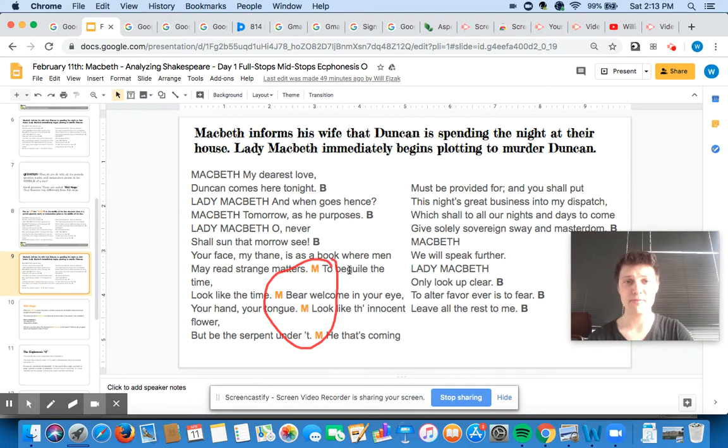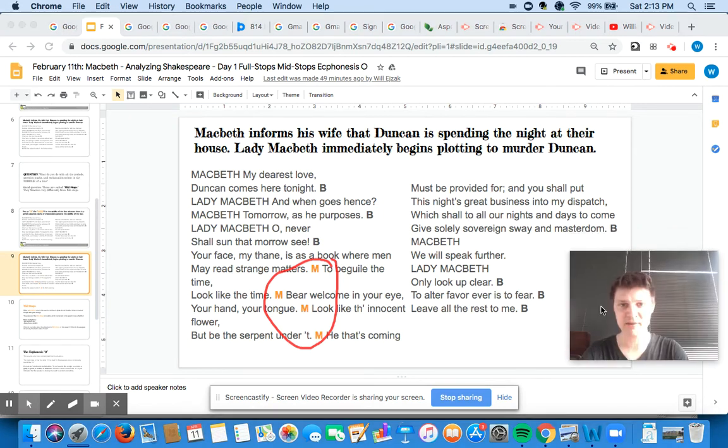And then she goes, "To beguile the time, look like the time, bear welcome in your eye, your hand, your tongue, look like the innocent flower, but be the serpent under it." In other words, Lady Macbeth is saying, Macbeth, you look too suspicious. You look like someone who's about to kill a guy. You need to learn a thing or two about tricking people, right? You need to learn a thing or two about disguising your true intentions, pretending that you are a good man and being an evil man underneath.